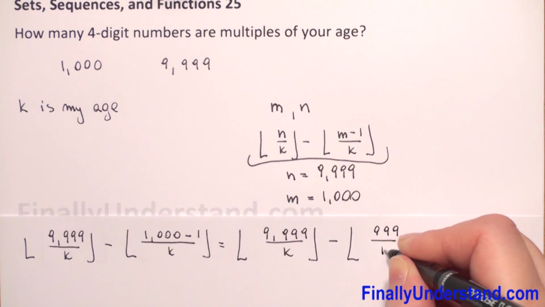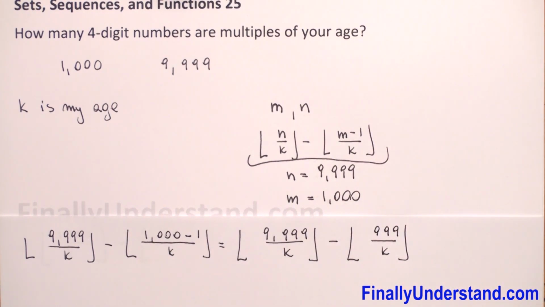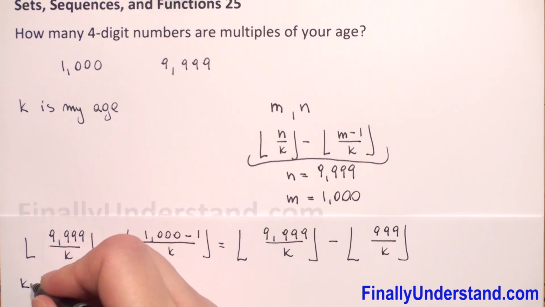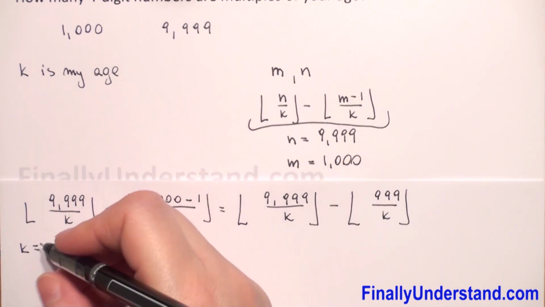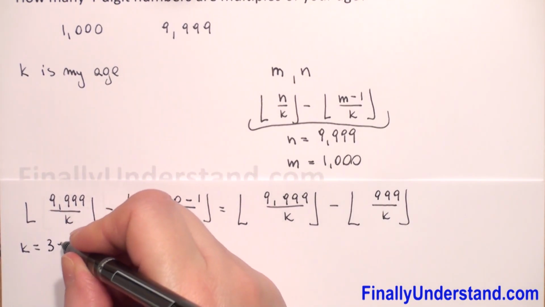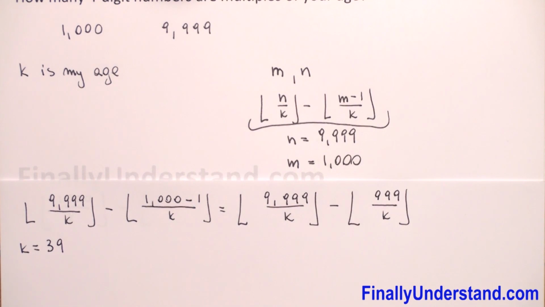Now, if my age is equal, for example, to 39, we substitute k by 39.